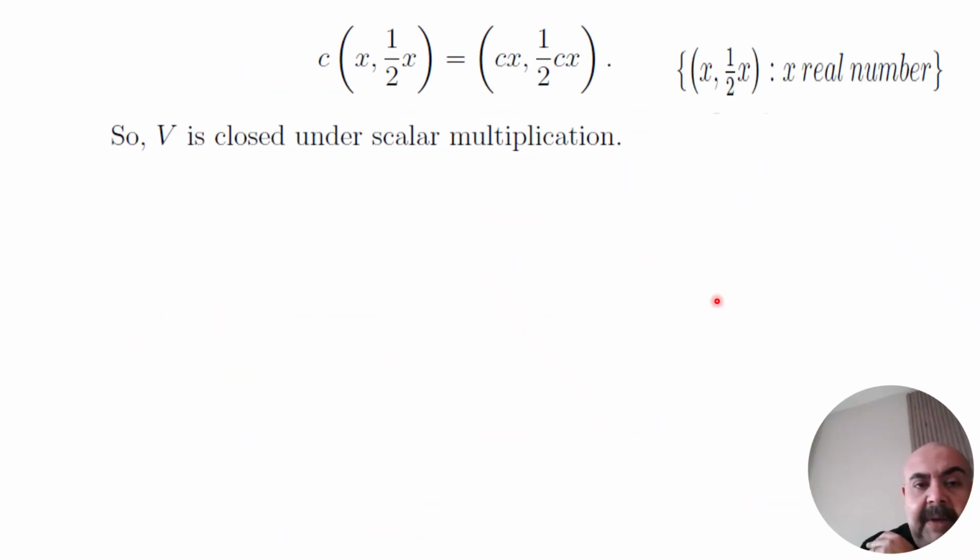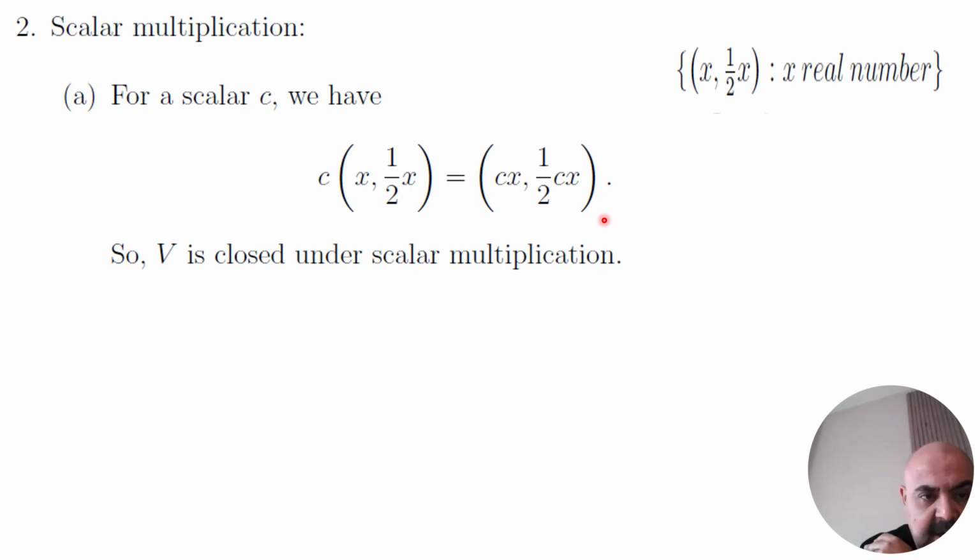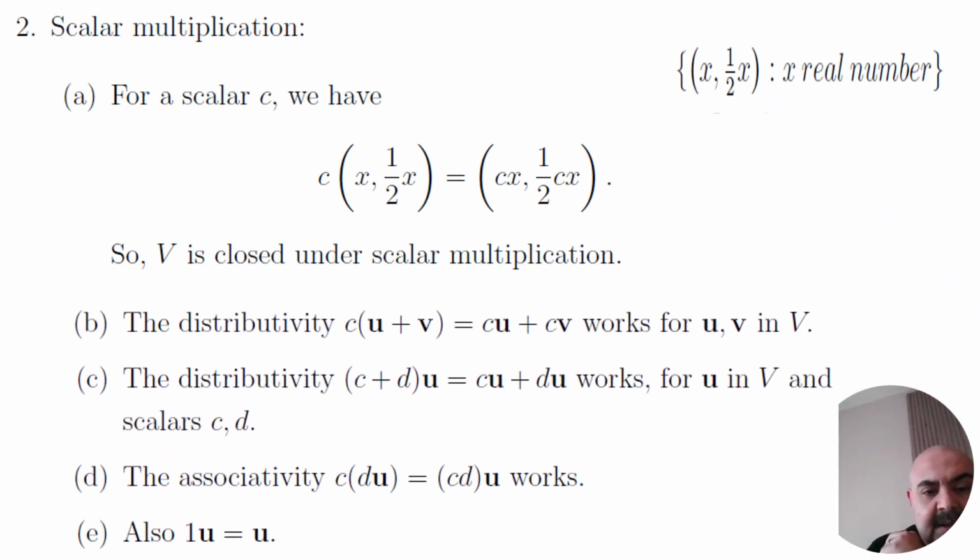The multiplication by a scalar also exists, so V is closed under scalar multiplication. And so the distributivity, everything. So this is a vector space. So the set of all vectors where the y component is simply half the x component represents a vector space, as you can see.